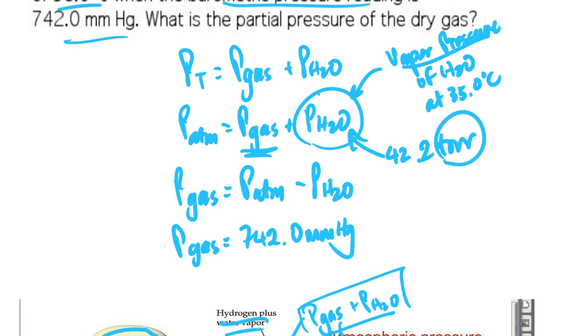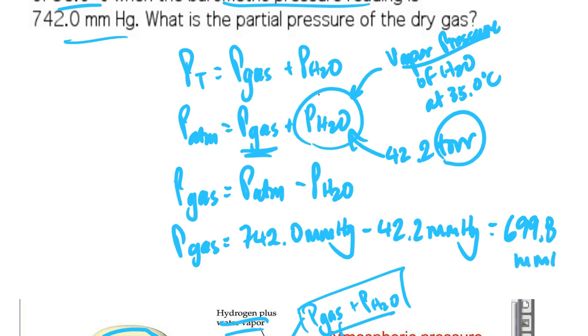If you'll recall, torrs and millimeters of mercury are the same unit, so that would be minus 42.2 millimeters of mercury, and that's going to give me 699.8 millimeters of mercury for the pressure of the gas of interest.